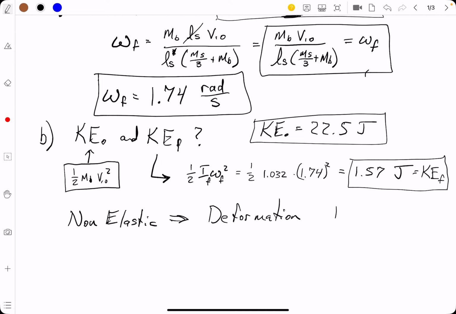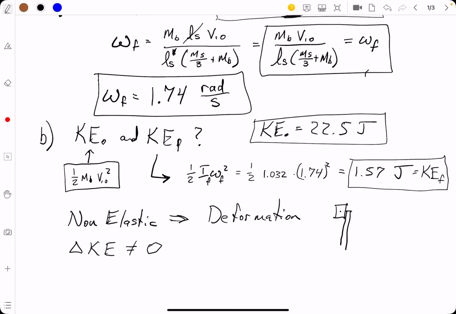So the box stuck to the stick. And when that happens, there's either Velcro there or there's something that is absorbing the energy, okay? And when it's non-elastic, delta KE does not equal 0.